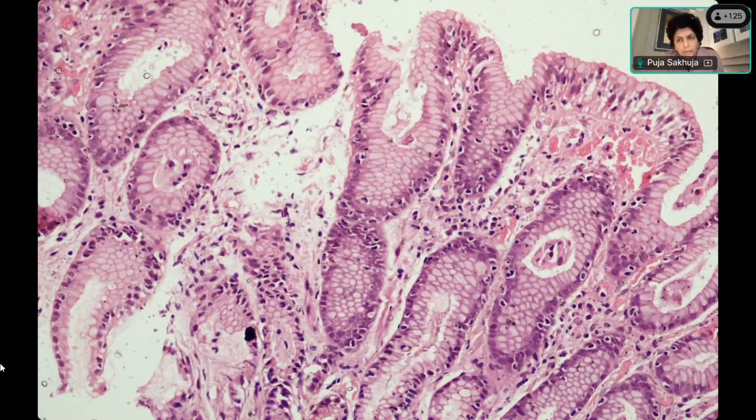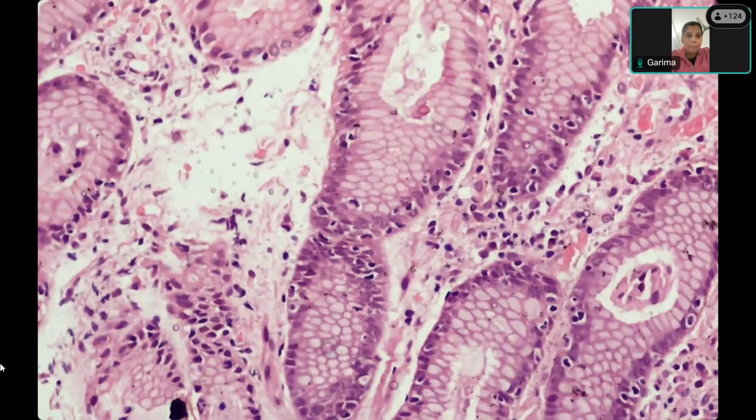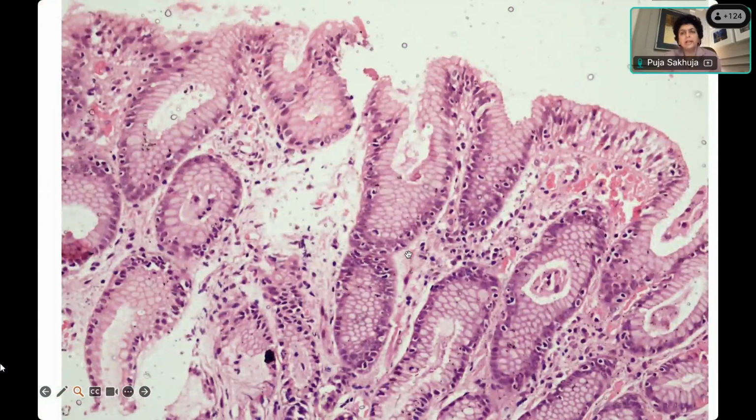What sort of inflammatory cells are these? Ma'am, there are lymphocytes and eosinophils. I don't see too many eosinophils. Some. Ma'am, there are plasma cells in the lamina. Where are the eosinophils? In the lamina propria or in the epithelium?